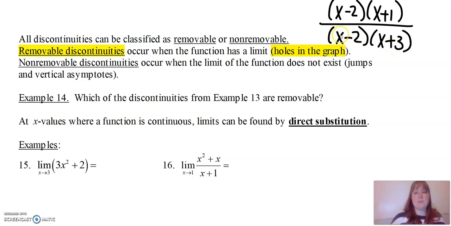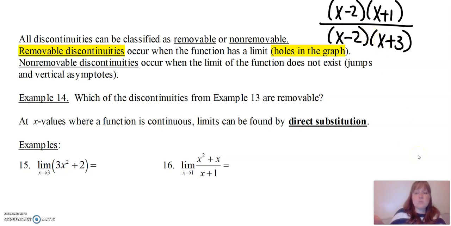X can't equal 2 and x can't equal negative 3, because then the denominator is 0 and we're dividing by 0, and we like blow up the world and stuff and we can't do that. So I have domain restrictions or discontinuities at 2 and negative 3.